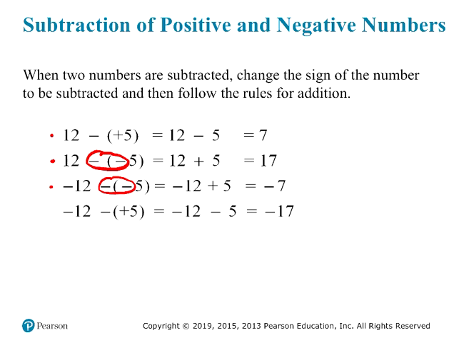So we really have negative 12 plus 5. And then we would get negative 7 as a result. And at the very last example, we have negative 12 minus positive 5. So really that would be negative 12 minus 5. So we would get negative 17.